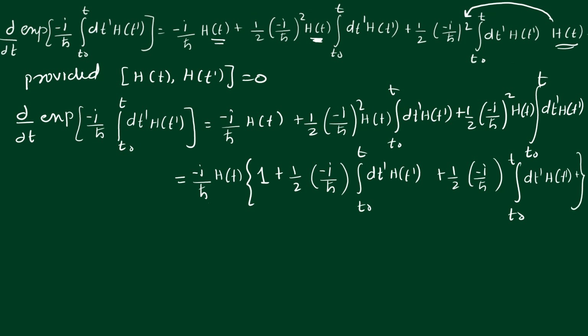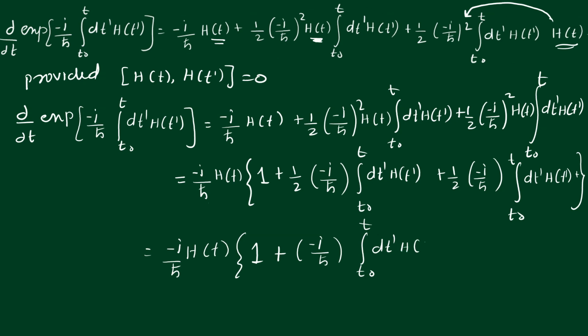So this is equal to minus i/ħ. We see that these two terms are exactly the same, so we can add them up. So you get minus i/ħ H(t), the identity operator, plus this becomes minus i/ħ integral t0 to t dt' H(t').